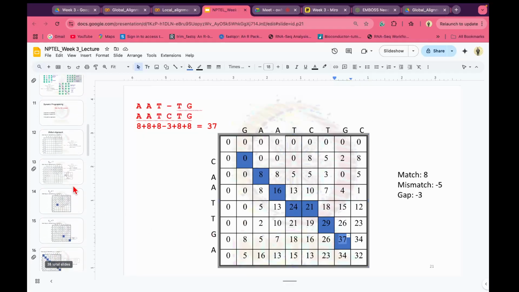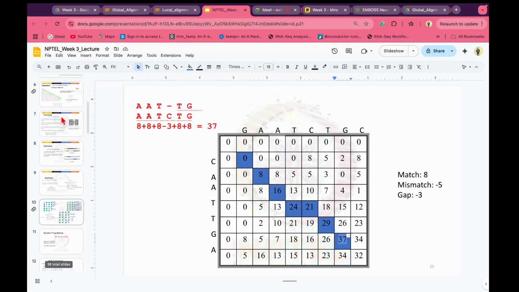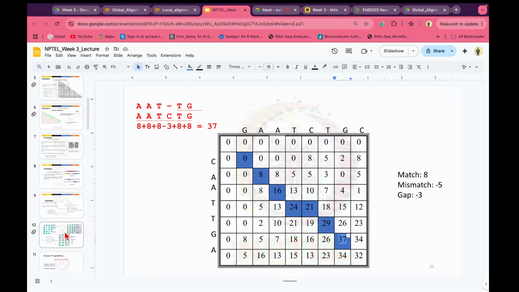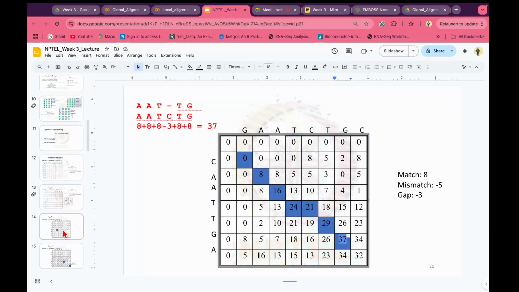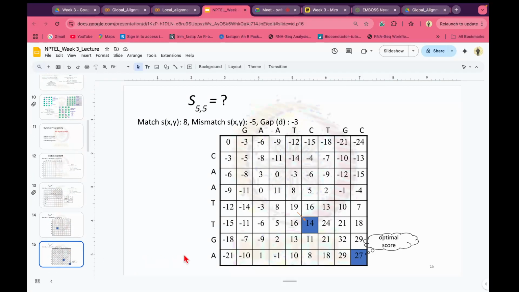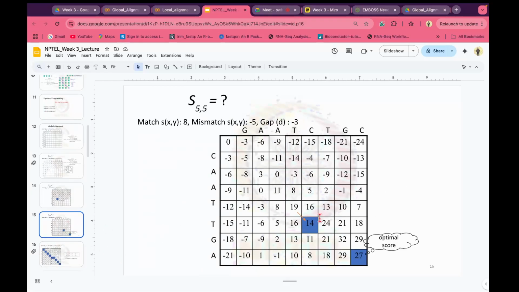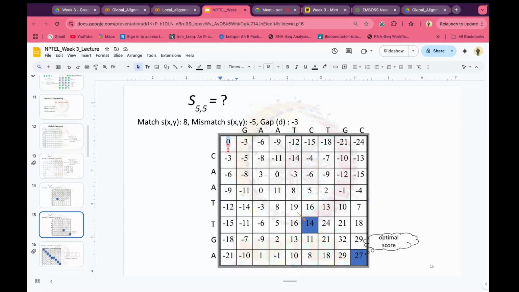Local alignment starts irrespective of high or low values in the corner, whereas global alignment goes from one corner of the matrix to the other corner. Here we have 32, but in global alignment we won't consider 32.